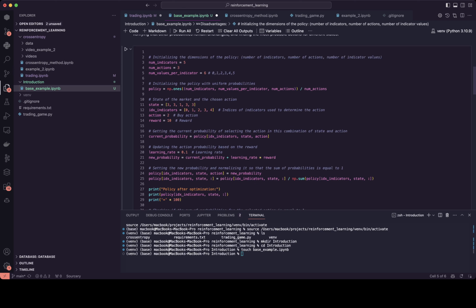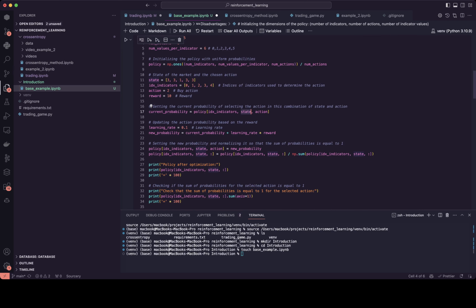And we need to define some probability inside this 3D matrix. To do it, we go to our policy, this is our NumPy array. We take the 5 indicator indexes and input what the current state is right now, and what the action is to achieve the target reward of $10, for example.